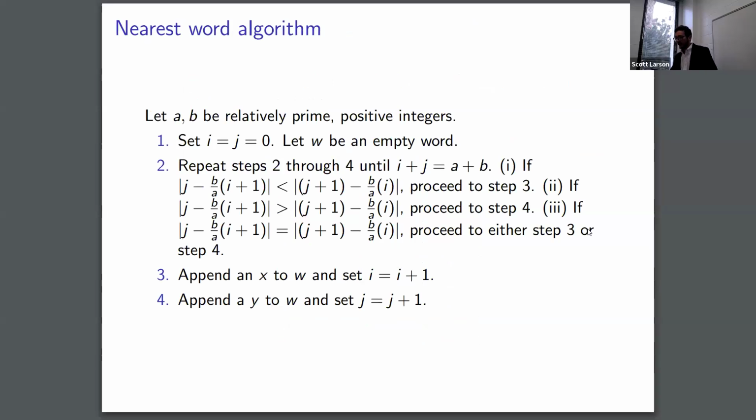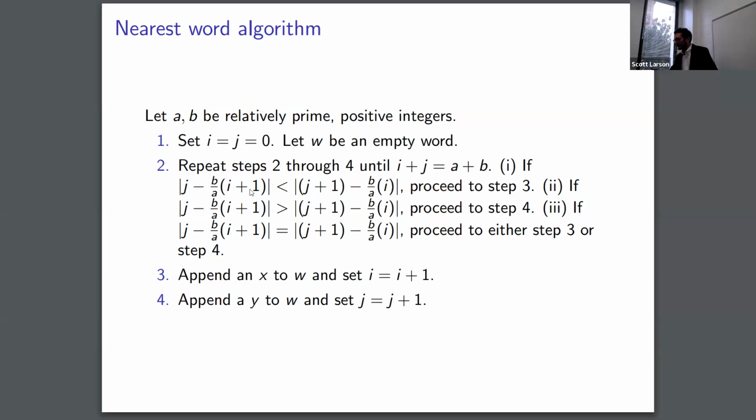That kind of brings us into our next algorithm. We're calling it the nearest word algorithm. So basically you just set i and j to be 0. You let W be an empty word, and then you just run this check right here. This is all the same evaluations on either side.